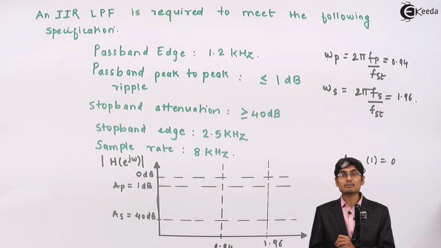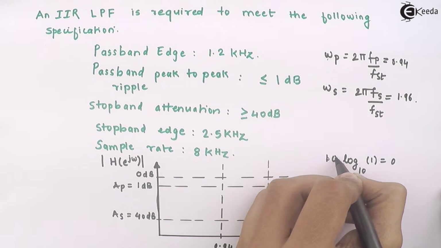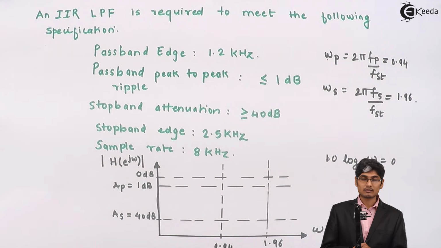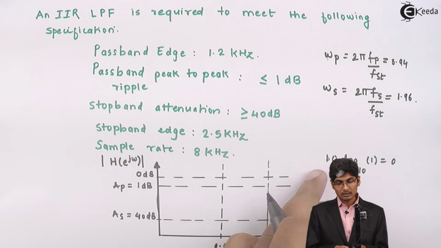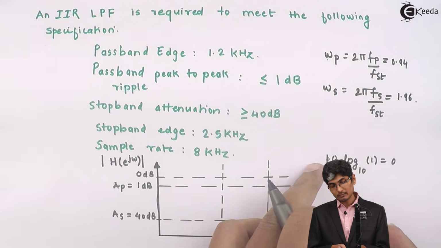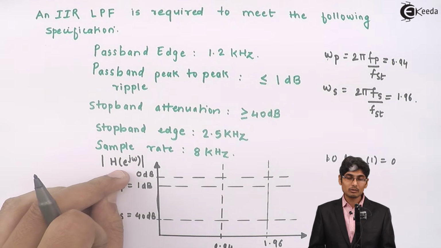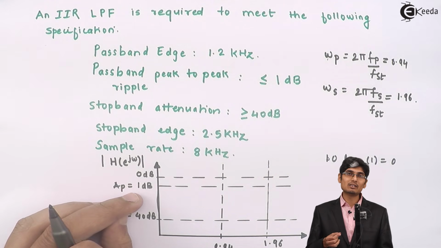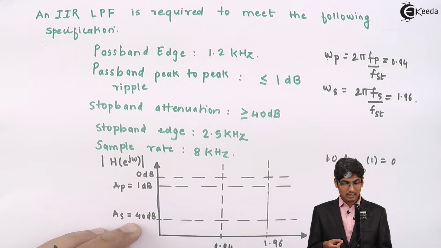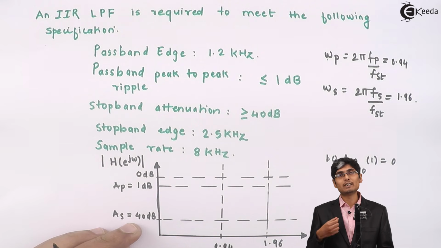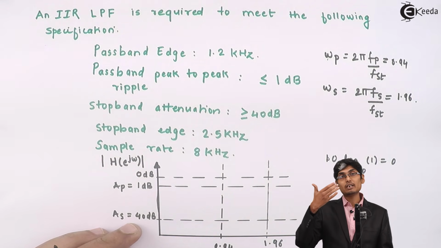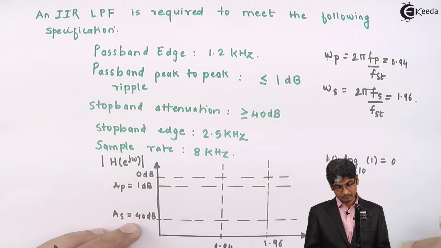And how do we calculate decibels? We calculate decibel as 10 log to the base 10 of 1. So 1 multiplied by 0 multiplied by 10 will give me 0. So I will have the maximum value as 0 dB. This will be actually minus 1 dB, and this will be minus 40 dB. That means 40 dB down from the maxima.